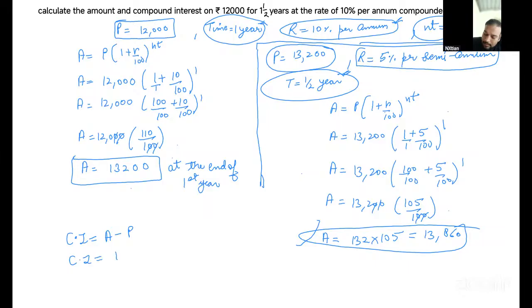The compound interest is 13,860 minus 12,000. It becomes 1,860.